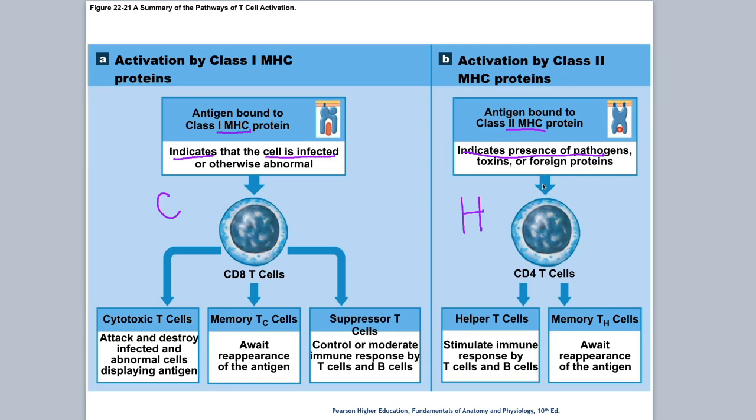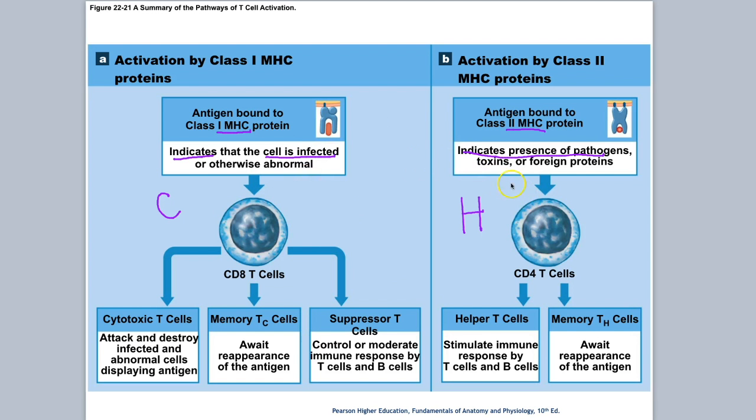It's not indicating that the phagocytic cell is infected. It's indicating that the phagocytic cell found something foreign. So the helper T cell doesn't have any killing ability. It doesn't kill the phagocytic cell, because the phagocytic cell isn't infected. It's just saying, hey, look what I ate today. Is this foreign? So these work a little bit differently.